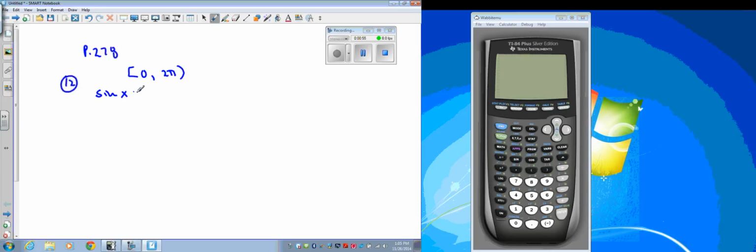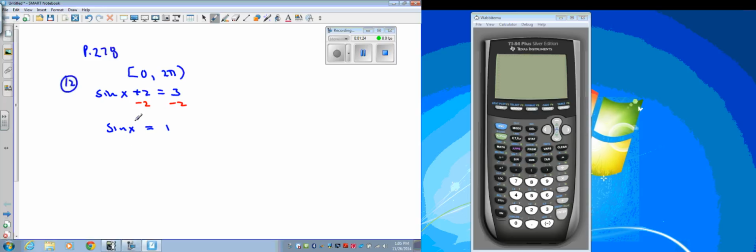So sine x plus 2 equals 3. What I would do is subtract 2 from both sides, and then you get sine x equals 1. And so what values of x for sine are going to be 1?